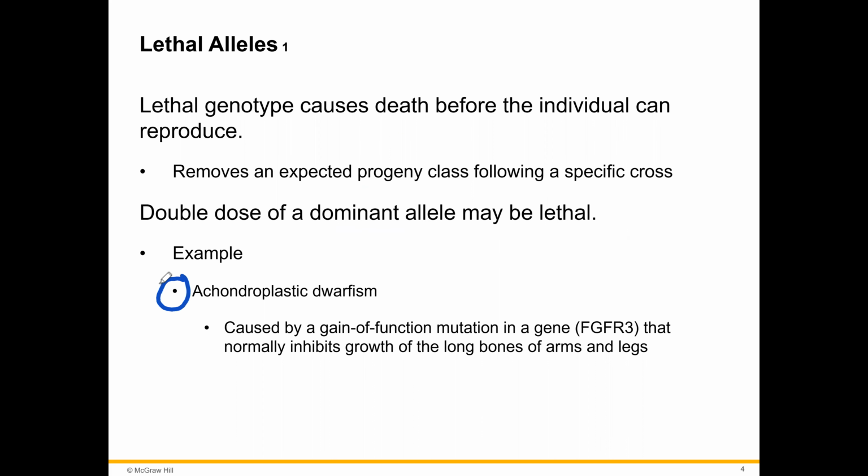This happens in a genetic condition called achondroplastic dwarfism. Achondroplastic dwarfism is caused by a gain-of-function mutation in the gene FGFR3 that normally inhibits growth of the long bones of arms and legs.